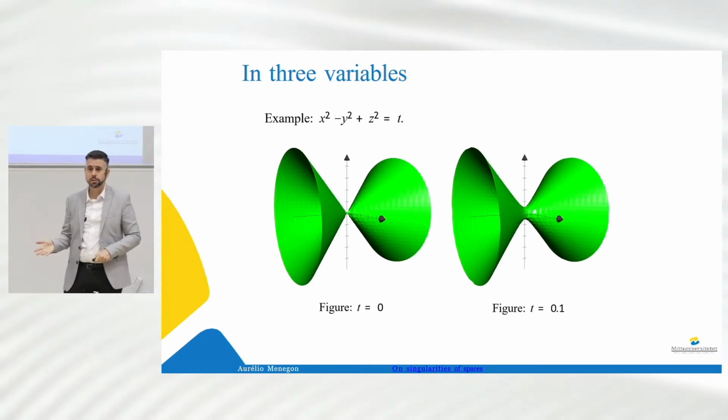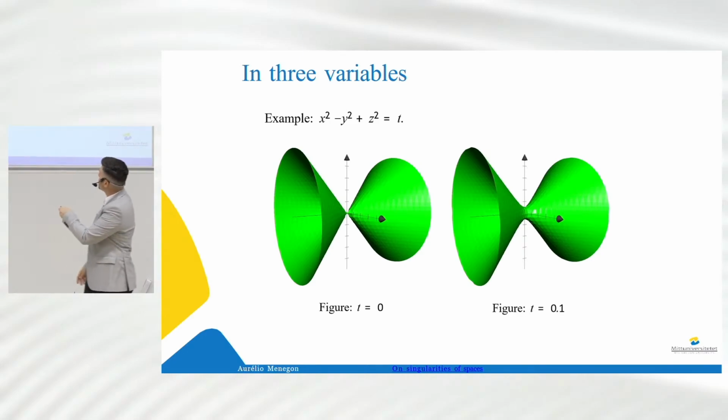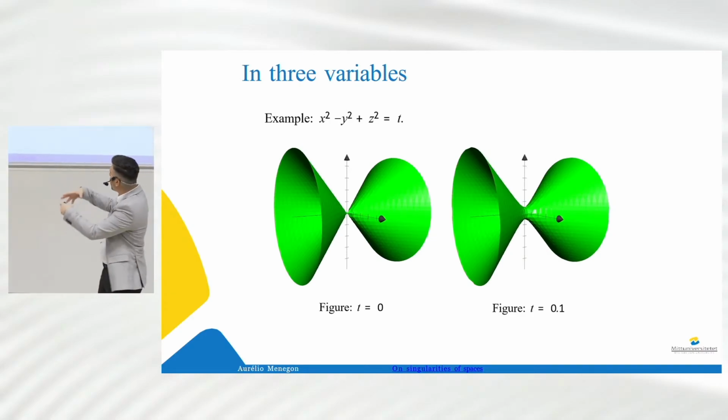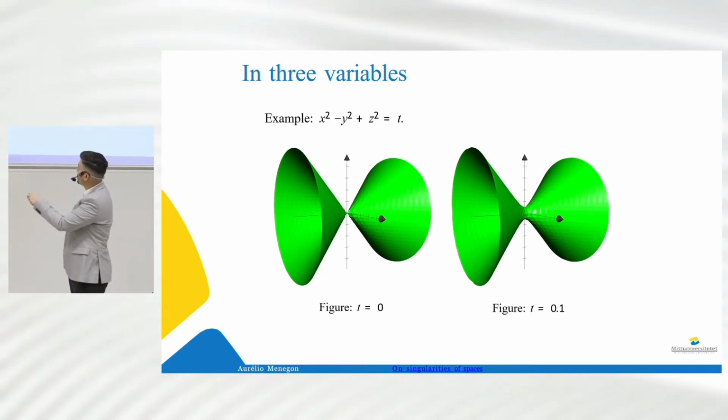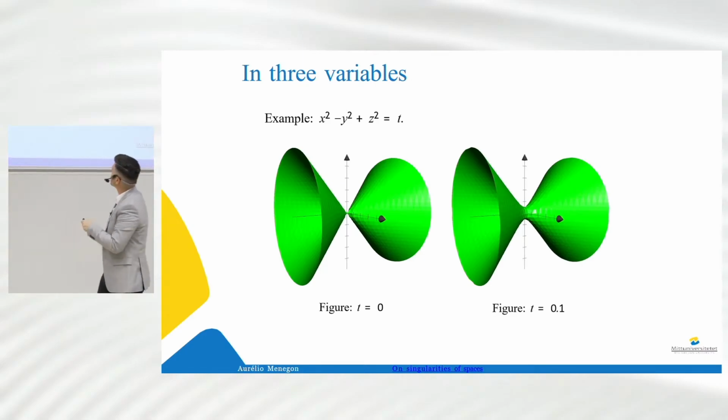This is the picture you are going to see forever, right? So this is a singularity, and this is a space with no singularities, right? They are very different in nature in the sense, for instance, that this one, you can contract all this cone to the vertex, to this point. But this one, you can't.